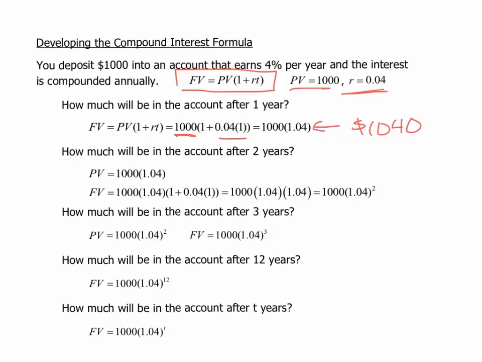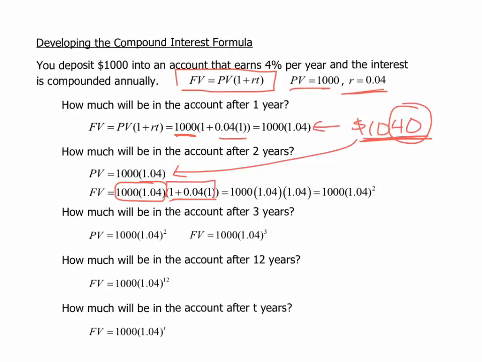Let's look at what happens after 2 years. So the second year, we're starting out with that $1,040 in our account, not just the $1,000. So when we go to earn interest, we're earning interest on that extra $40 that we've earned. So our future value is going to be the 1,000 times 1.04, this is our present value, times 1 more year of interest gets earned.